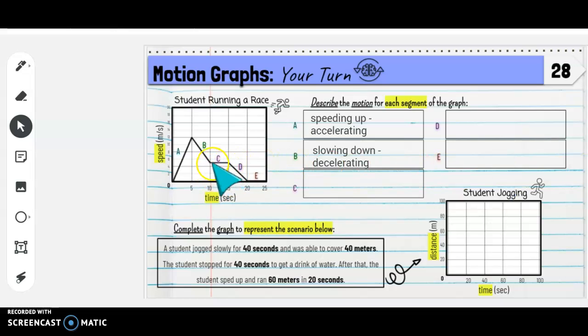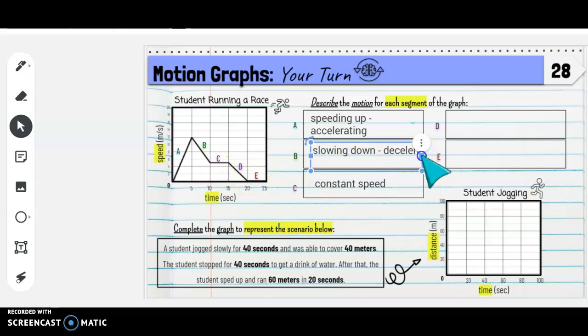Looking at segment C, it is a straight line, so the speed is staying the same. It looks like about 5 meters per second. So at C, there is a constant speed. In the next segment D, we can see the line is going down to 0.